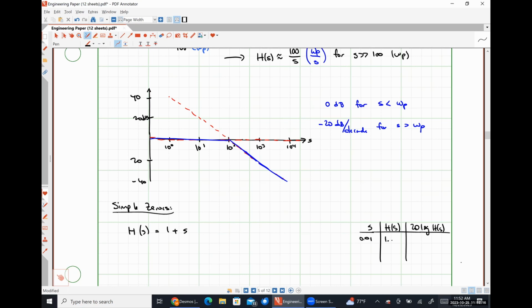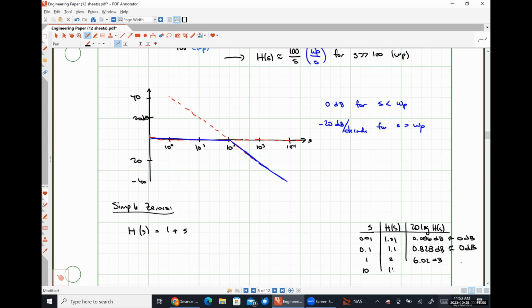We would have 1.01, and that would be positive 0.086 decibels, which is approximately 0 dB. For s is equal to 0.1, we'd have 1.1, which is 0.828 decibels. Again, approximately 0 dB. For s is equal to 1, we would just have 2. So that would be positive 6.02 whatever decibels.